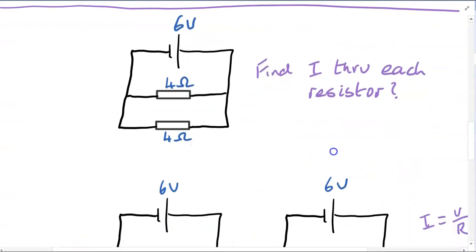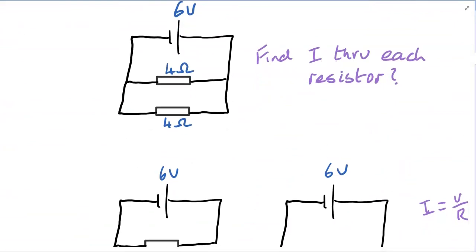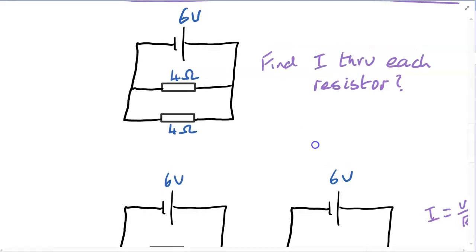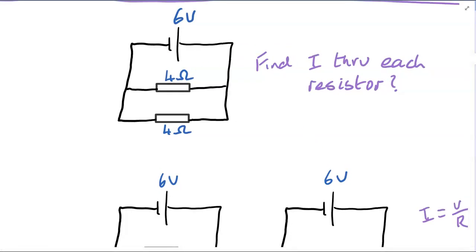Now, what happens when they are in parallel? Ironically, this is actually an easier scenario, because if you look at a parallel circuit here, I'm trying to find the current that goes through here and the current that goes through here.